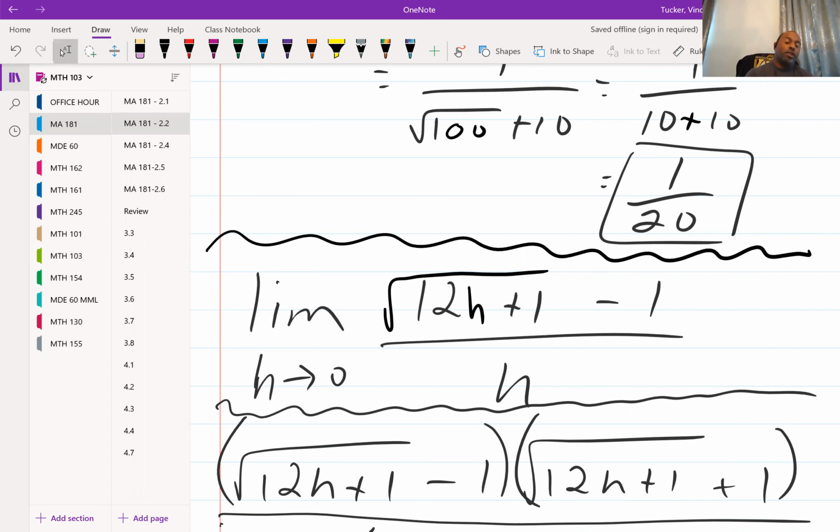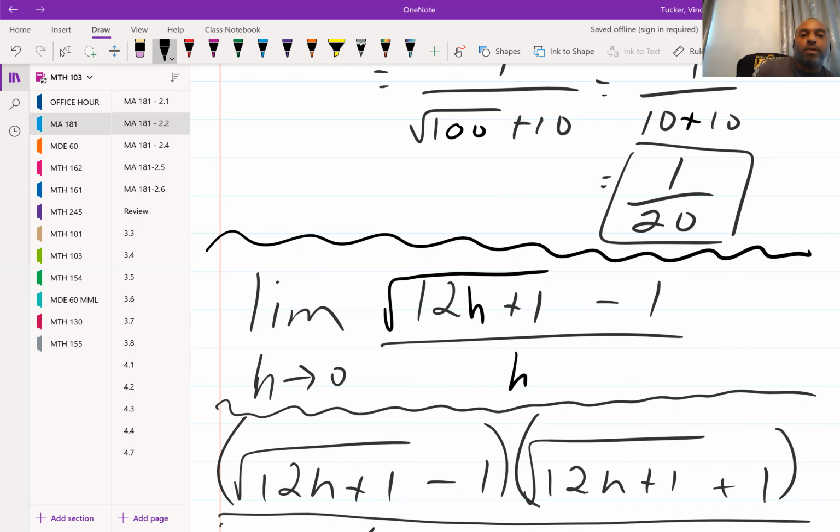So once again, we have a scenario wherein if I were to plug 0 in for h, I'm going to get 0 in my denominator, which is not a good look for us. So once again, we have to manipulate the problem in such a way that when I plug 0 in, I'm not going to get an undefined calculation or undefined situation.